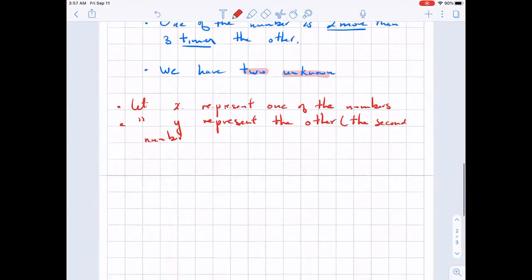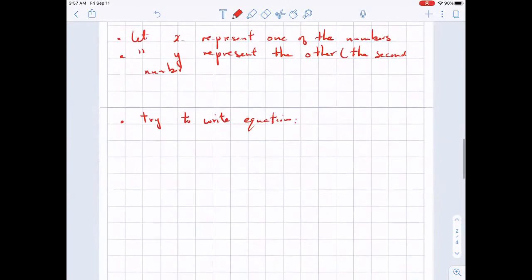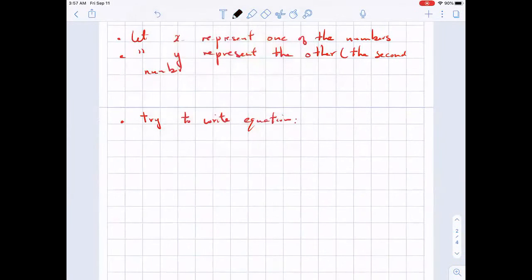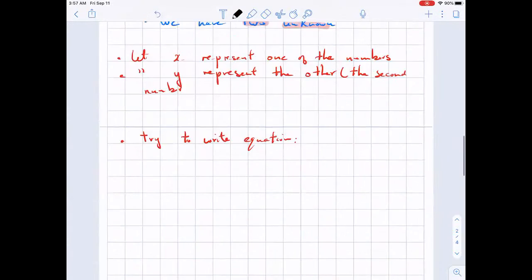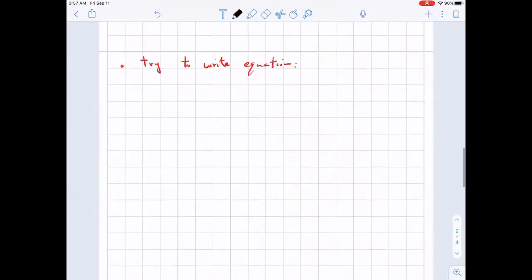And then what we can do is try to write equations. So here we go. Okay? It says that the sum of two numbers is 26.